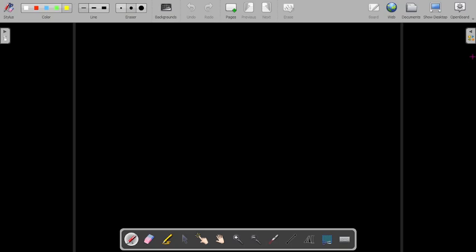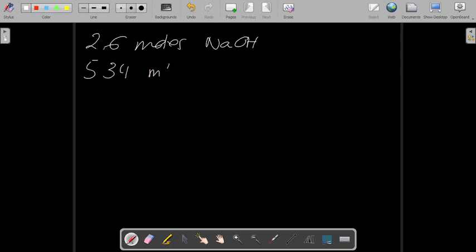So what do they give us? They give us 2.6 moles of sodium hydroxide, and then we have 534 milliliters. That's the information that they give us. And they want to know the molarity.